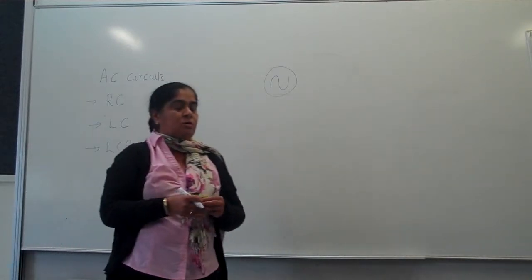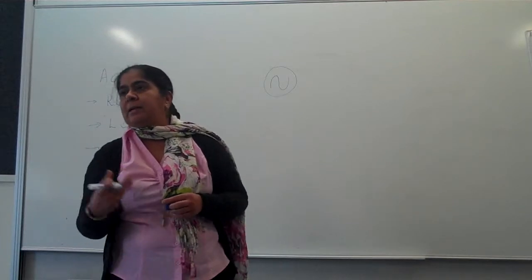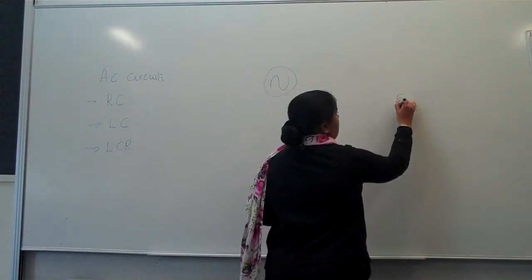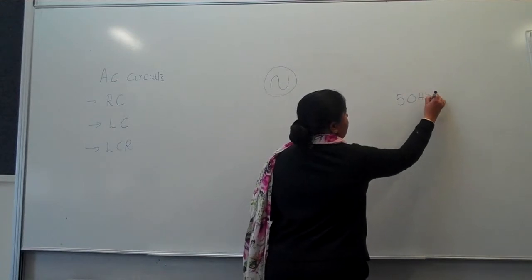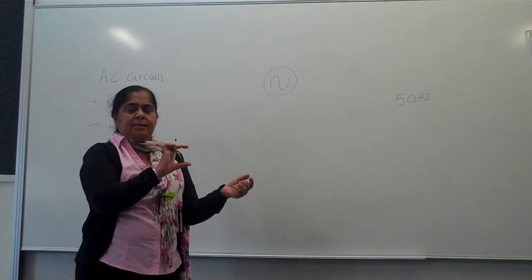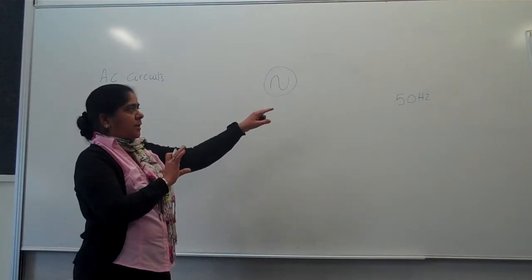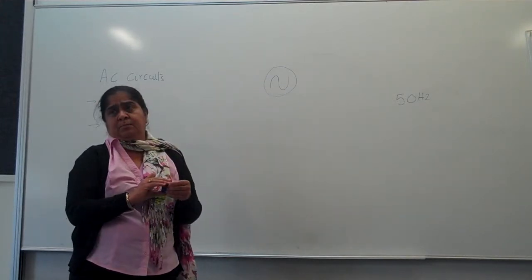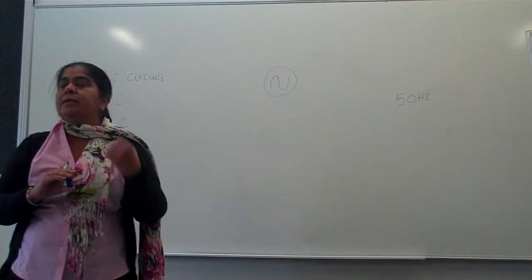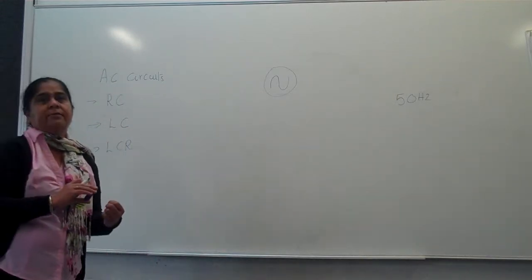Now, normally at home, your electronic appliances always have a small plate at the back where it says 50 Hertz. 50 Hertz is the frequency at which alternating current is changing its direction.